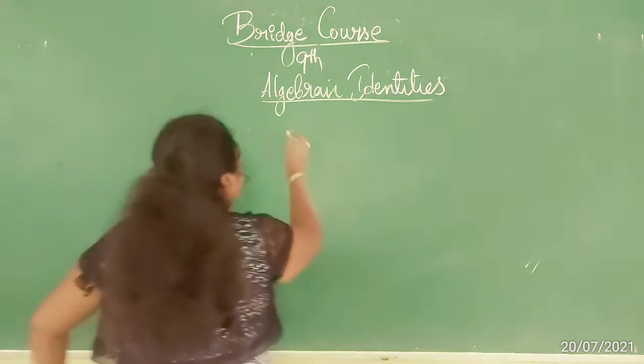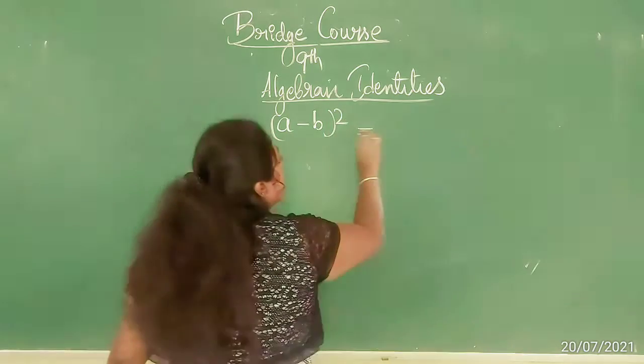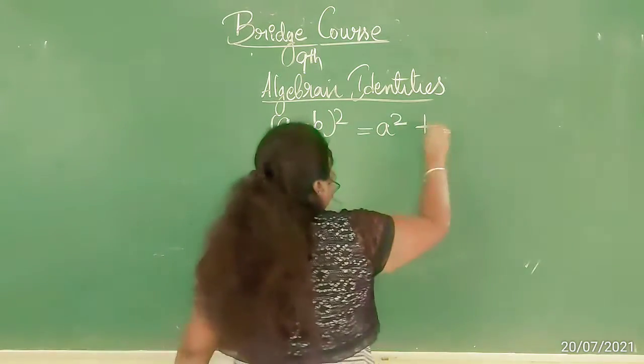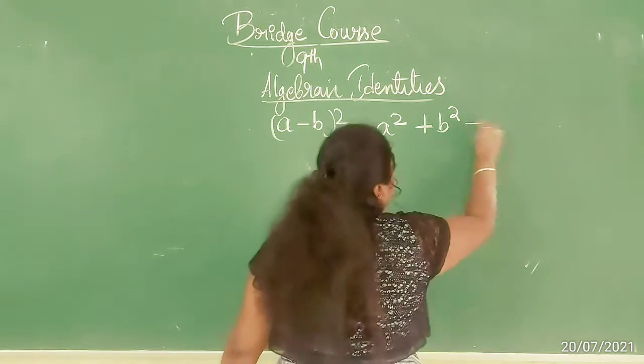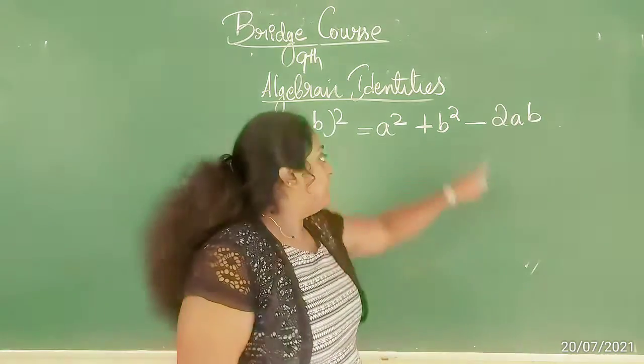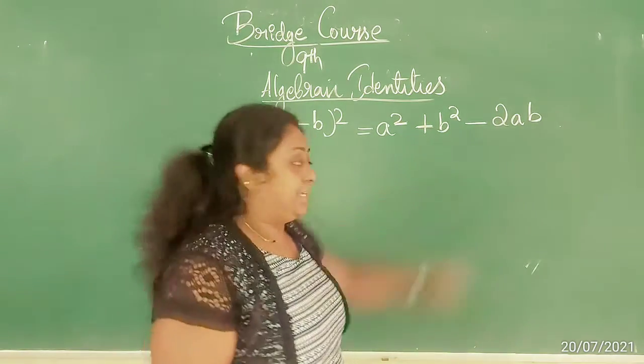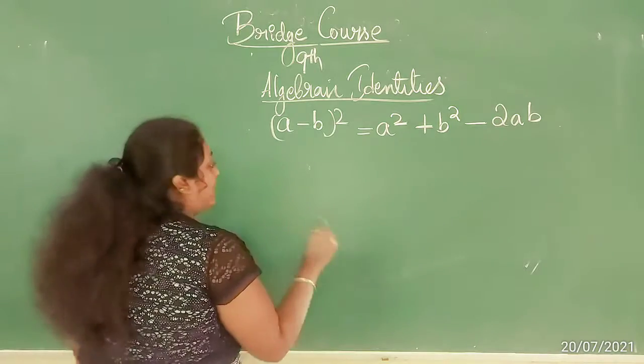Now look at here. It is (A - B) whole square is A square plus B square minus 2AB. There, here we wrote plus. For minus formula, here you are writing minus.